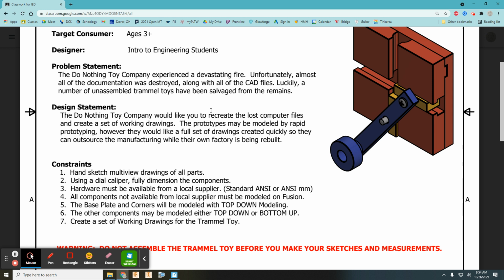Okay, so there is a slight improvement that I found, and this one is very different from the initial one. If we see the initial one that Project Lead the Way came out with, they had a whole bunch of pins and a whole bunch of holes for alignment purposes.